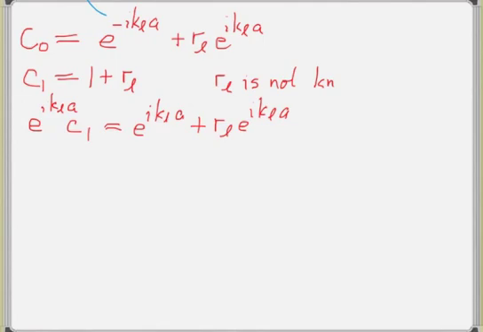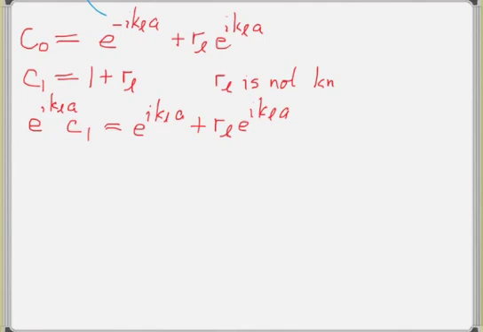And now we subtract. It looks like if we subtract, we can get rid of RL and just have an equation for C0 and C1, which is what we need. We want to write C0 in terms of C1.